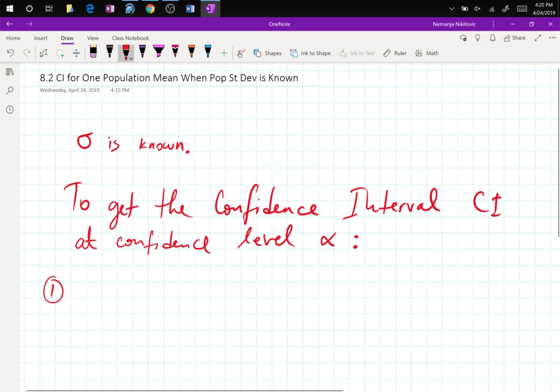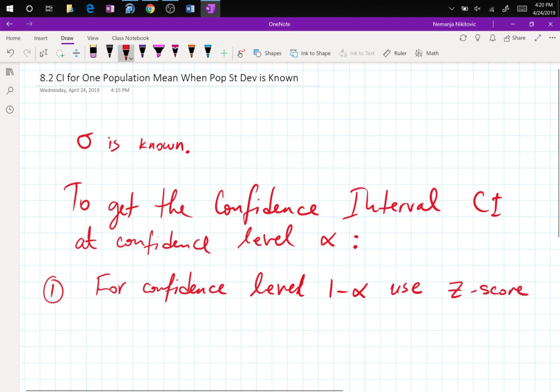For confidence level 1 minus alpha, use the table to find, not to compute because it's already given, just to find z alpha over 2.